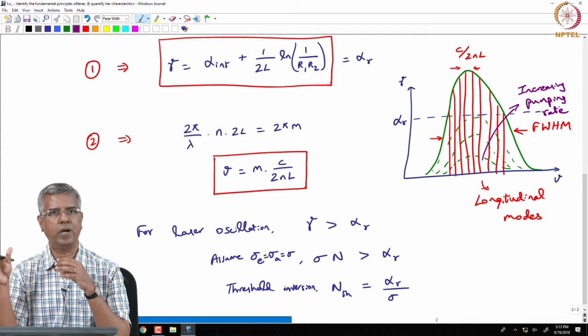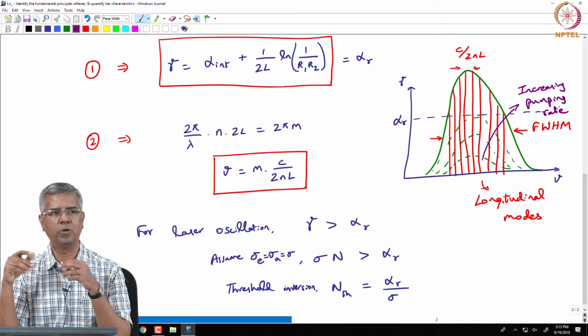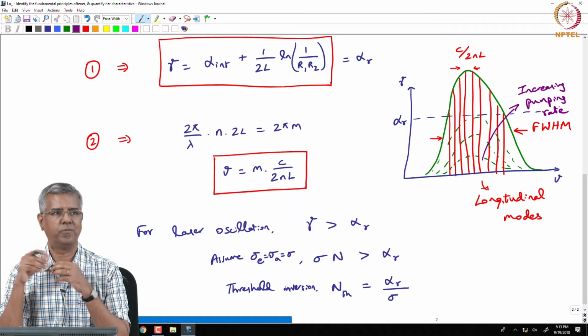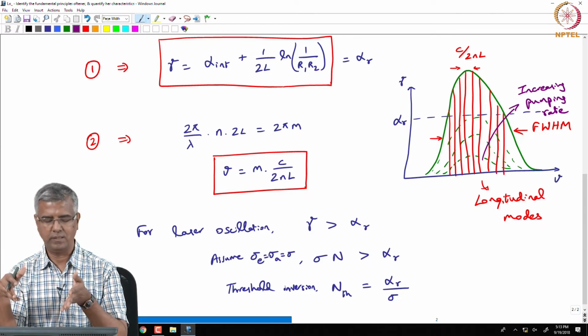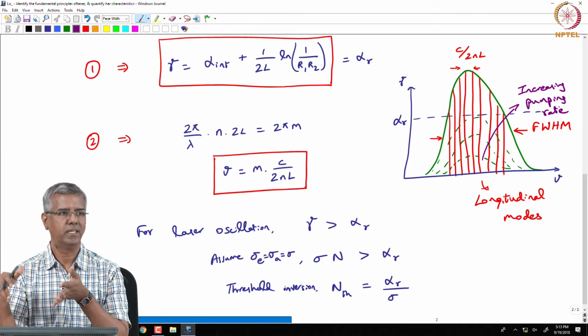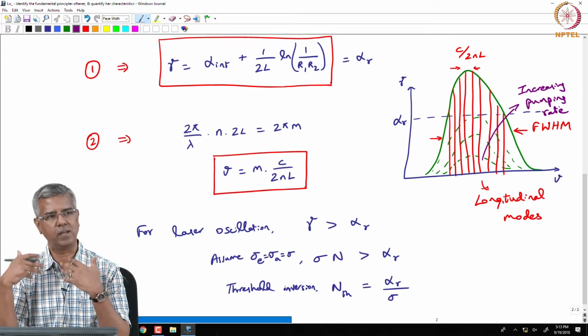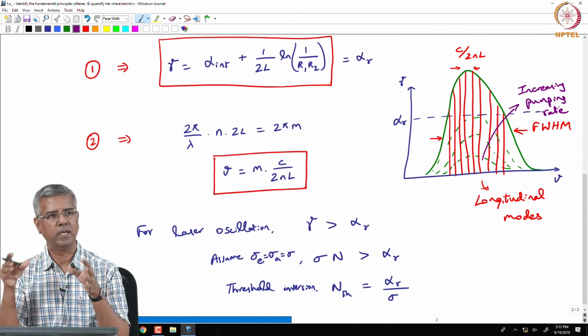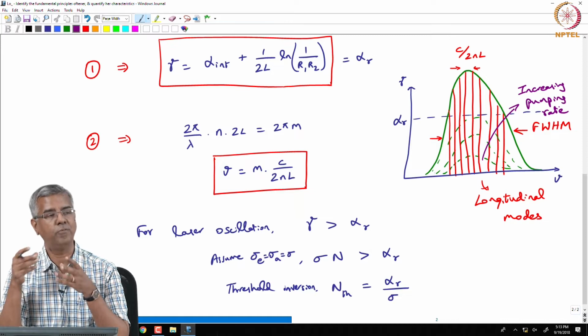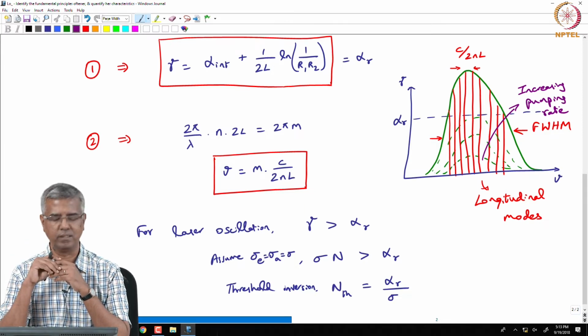when we were talking about Fabry-Perot interferometers, we were talking about finesse of the Fabry-Perot cavity. So, this is actually a Fabry-Perot cavity, right. So, if you have very high finesse, that means the photon spends a relatively long time bouncing around. So, the lifetime is larger.